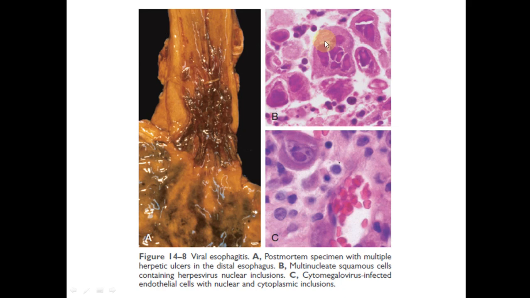In picture B, we see the squamous cells, which appear multinucleated, and they contain the herpes virus nuclear inclusions. And in picture C, this is the CMV cytomegalovirus infected endothelial cells lining the blood vessels, and we can see the nuclear and cytoplasmic inclusions in this picture.